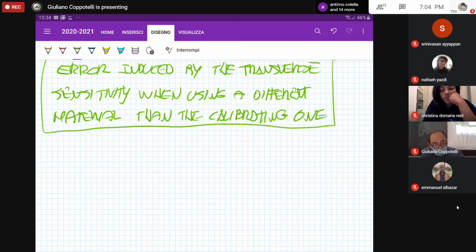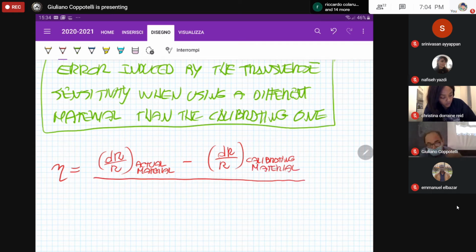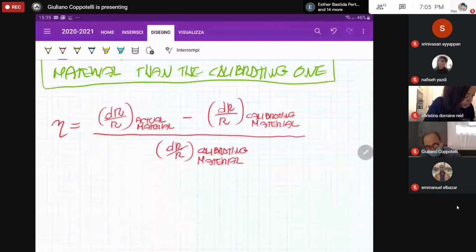Now let's define the error eta as the ratio of the change of the resistance when using the actual material compared to the change of the resistance when using the calibrating material, of course, with respect to the calibrating material. Okay, this quantity is telling you what is the error.